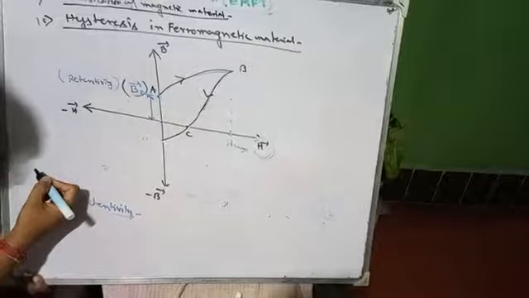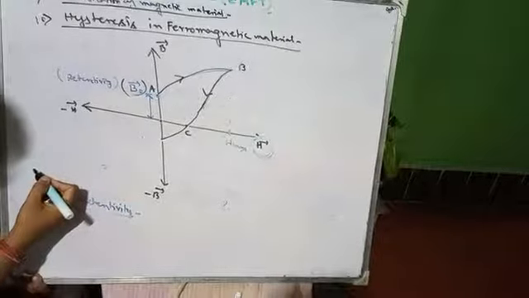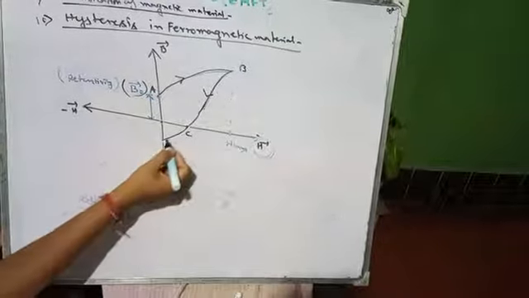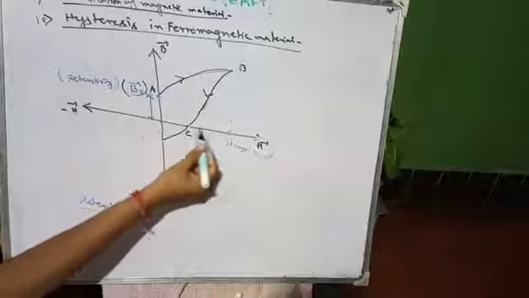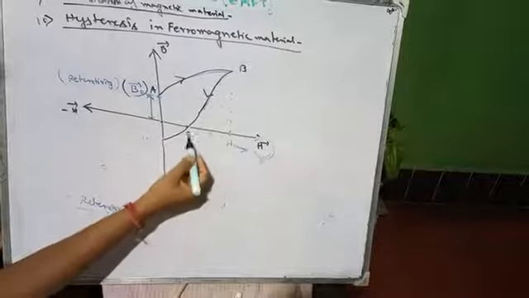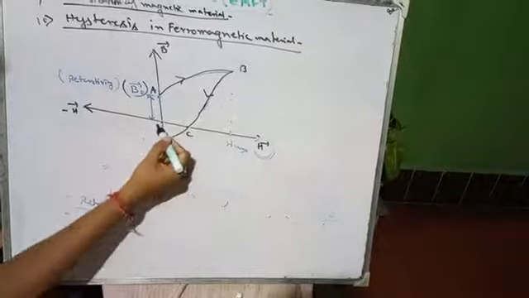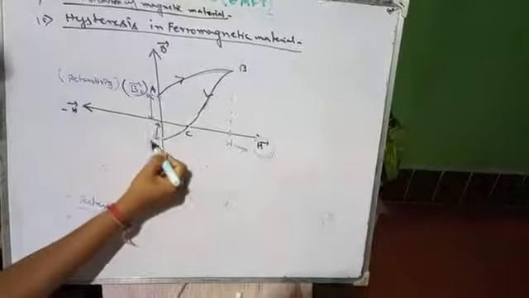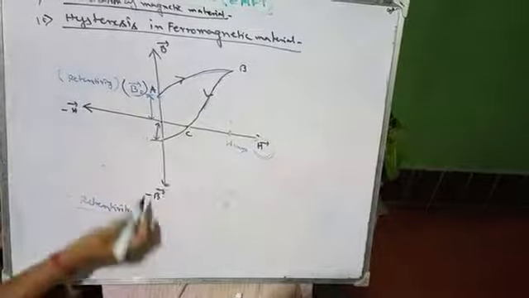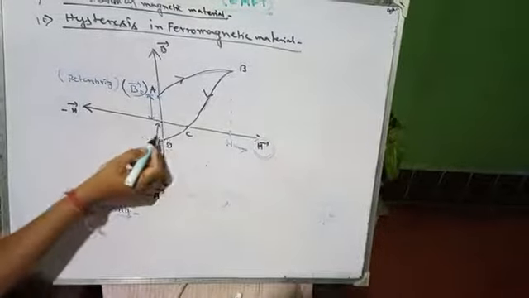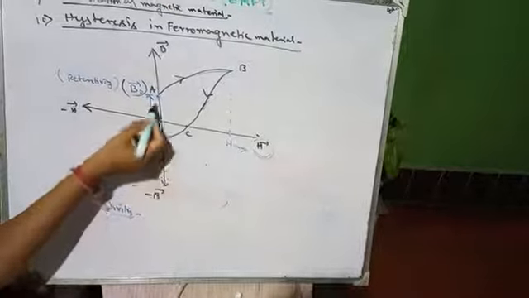This amount of force is needed to forcefully make it 0, and when H equals 0, it will produce a negative B.